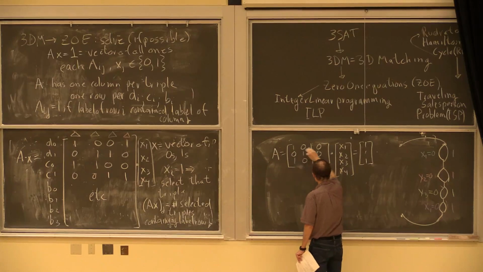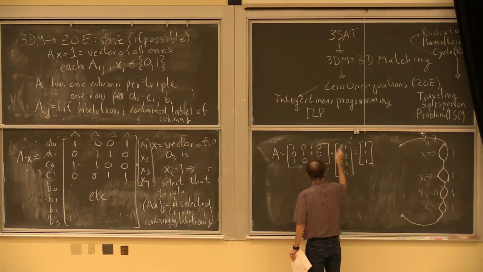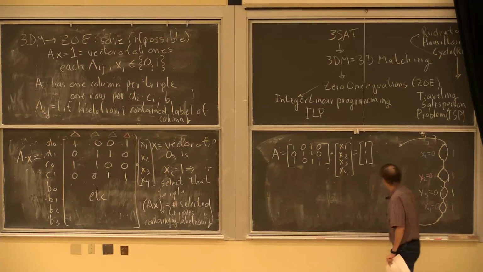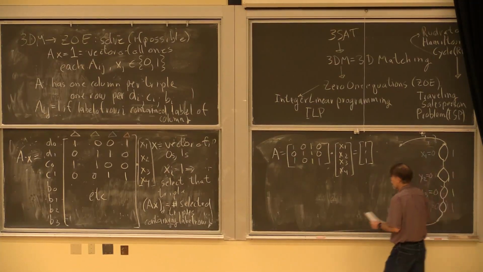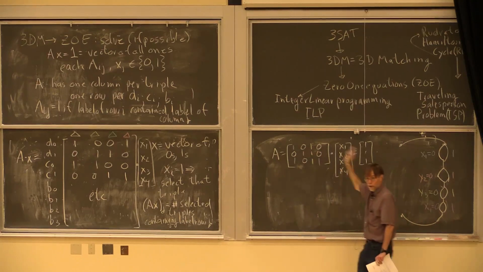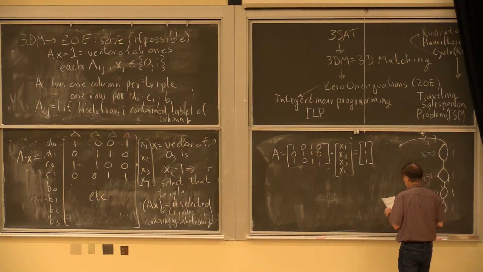Because I want these numbers here to add up to 1. So I have to pick either that one or that one. And so again, I'm going to have a choice. How do I pick either that one or that one? I'll either pick x1 equals 1, or I will pick x3 equals 1. That's the only way to satisfy the first one. And so here's my choice.